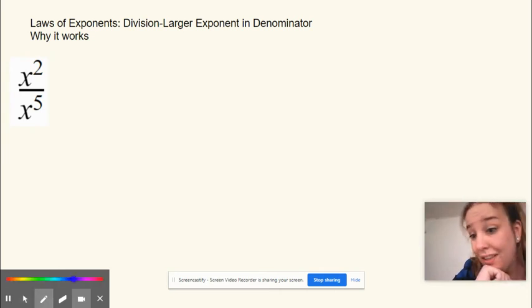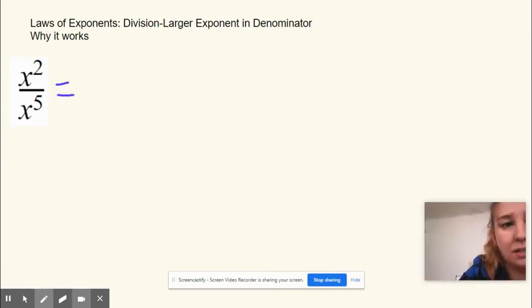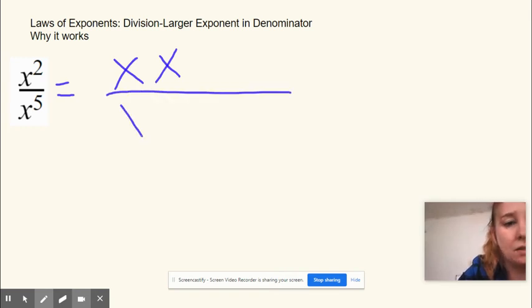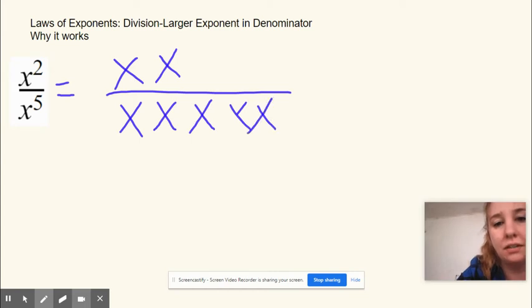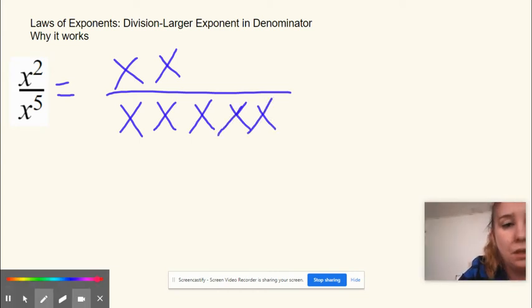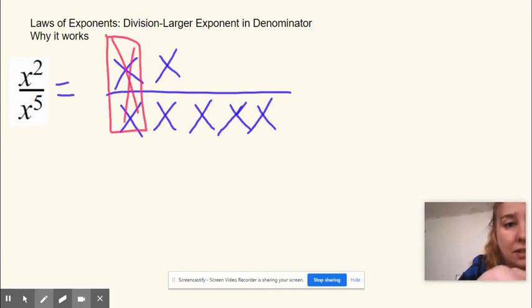But then we have a situation like this, where the higher exponent, the 5, is in the denominator, and something different is going to happen here. Let's investigate. X to the 2nd power over x to the 5th, 1, 2, 3, 4, 5 of them. Now, x divided by x is 1, so they technically cancel out.